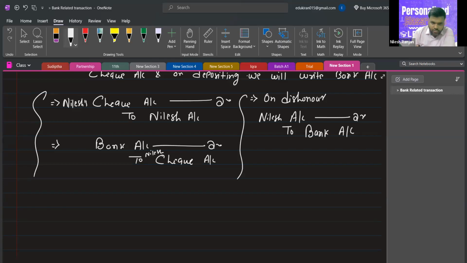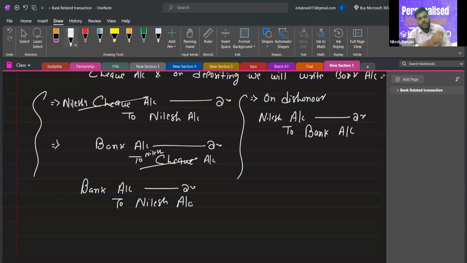So this account is the same in both of the entries, so it will be removed. Why removed? Because the first one is on the debit side and the second one is on the credit side. It is like plus minus. So we will remove it, and the entry balance. There is Nilesh on the credit side and bank on the debit side. So the combined entry will be bank account debit to Nilesh account. Is this clear?